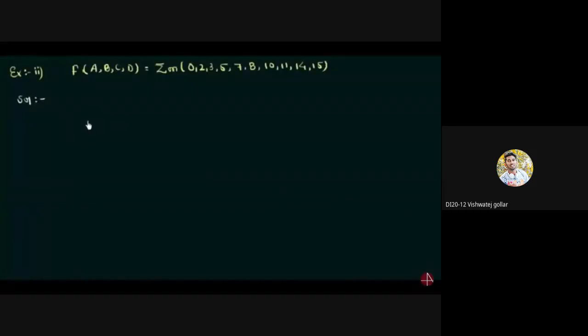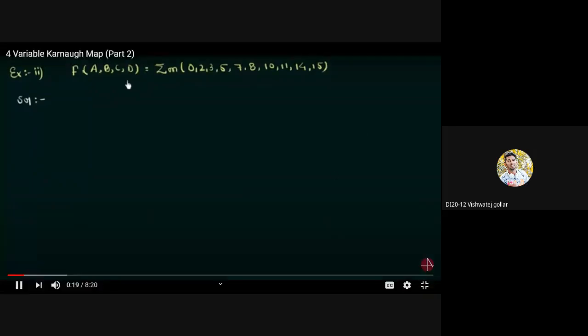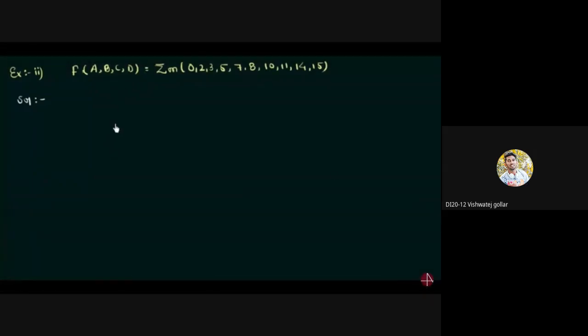So the first thing is to see how many variables are involved. There are 4 variables involved, and for 4 variables we have a 16 cell K-map.